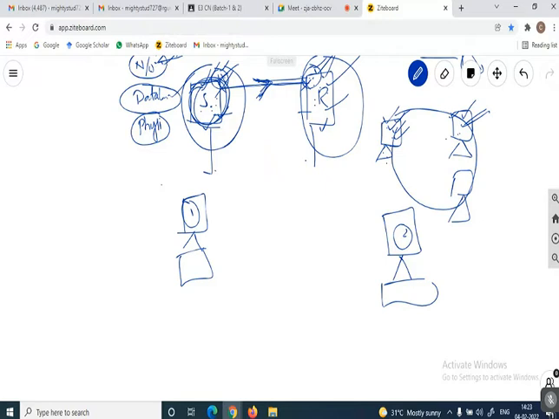Let us say it is two. When these two computers are connected through the internet, how are they going to communicate?